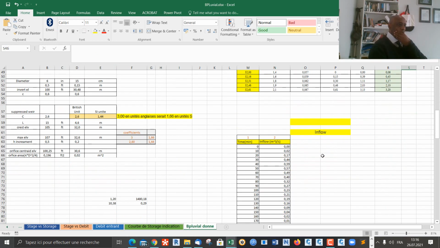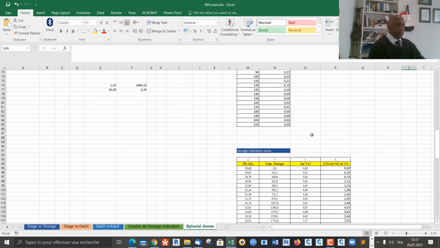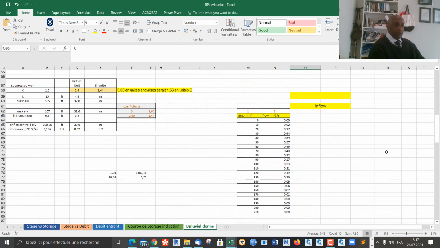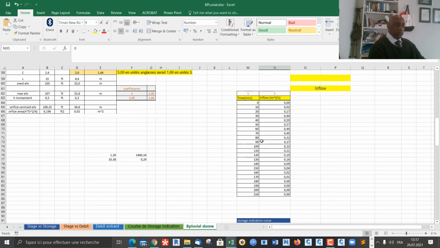After that, we have the inflow data already. It's simply given. When we calculate the volume, the cumulative storage, and from the outflow, the cumulative outflow that we have seen here, then we can develop this equation, 2S over the changing time plus O. The time is just like the inflow hydrograph, 10 minutes difference.